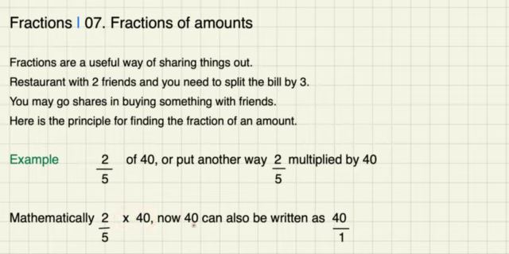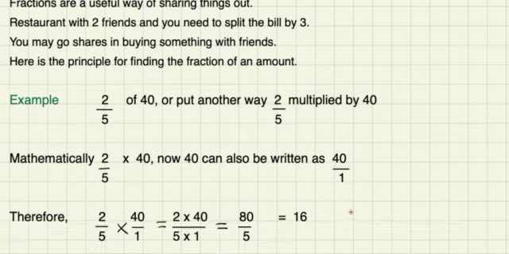Now, what's really useful is that 40 can also be written as 40 over 1. And we can write integers, any numbers like this over 1 because 1 goes into it and doesn't change it. So it's a really useful way, and it comes in particularly useful in working out fractions of amounts.